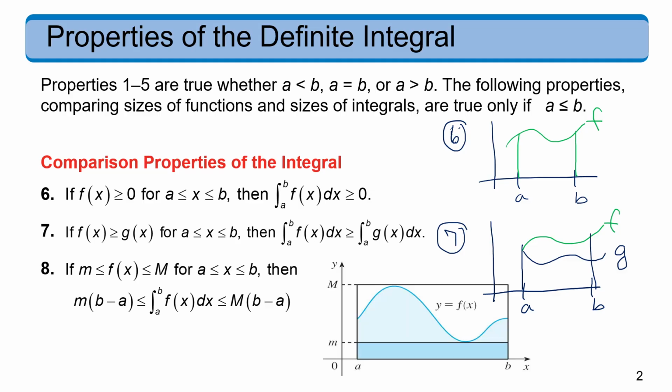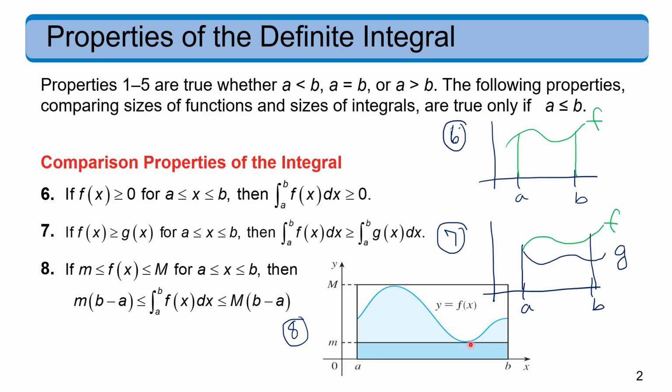For property 8, we've got this graph. So the assumption here is we have a function f of x that's bounded between two numbers. It's always greater than or equal to some number m, lowercase m, and it's always less than or equal to some number capital M. So here's our f.